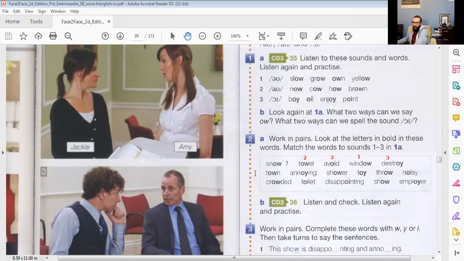Town. 2. This. 3. 1. 3. 2. 3. 1. 3. 3. 1. 3.